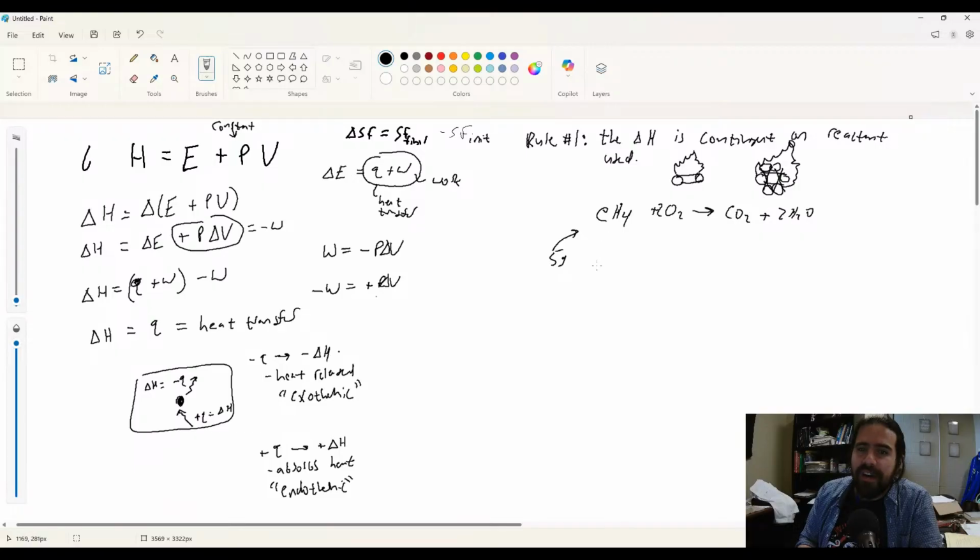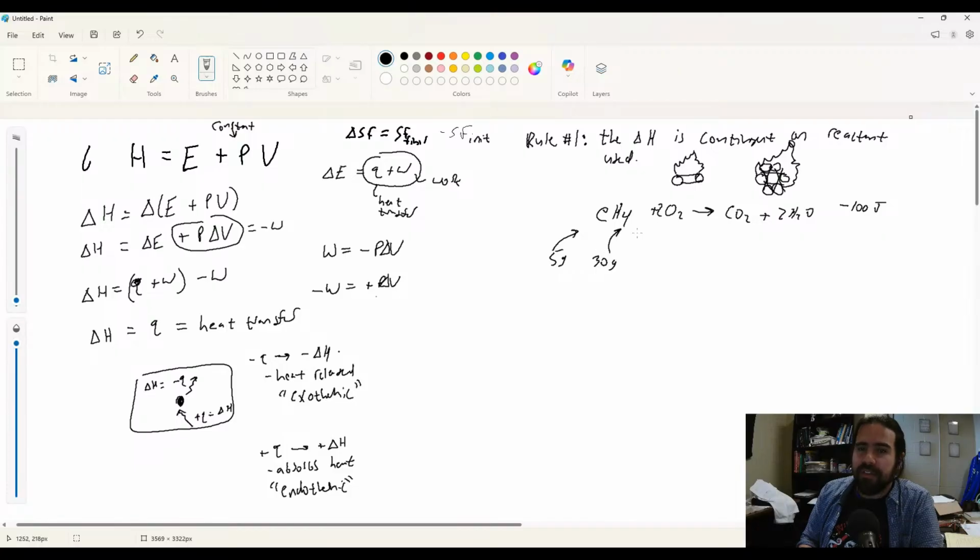But if I put in like 30 grams, that'll scale upward, right? Whatever the change of enthalpy, I'm going to make up a number here. Let's say that it was minus 100 joules, right?